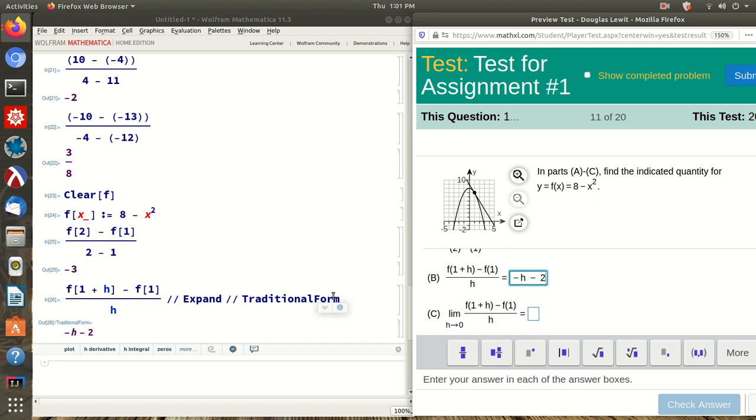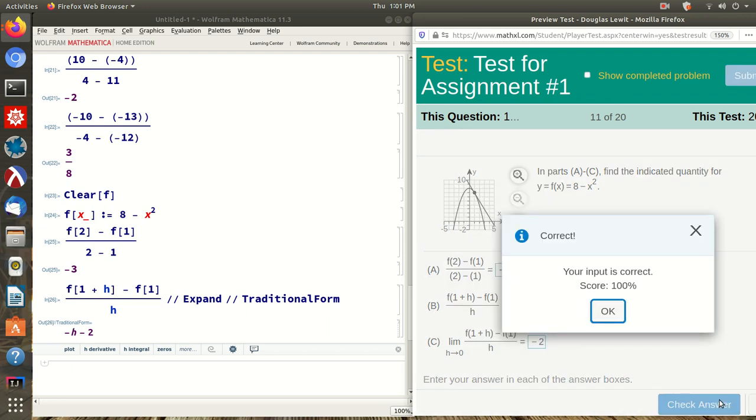And then here we have f of 1 plus h minus f of 1 over h. What is the limit as h goes to 0? So this is going to tell me what the derivative is when x is equal to 1. Well, if h goes to 0, I simply have negative 2. Okay, your input is correct. Score 100%.